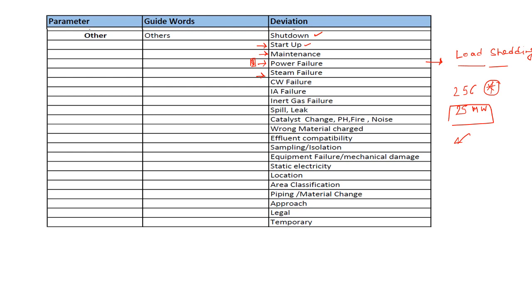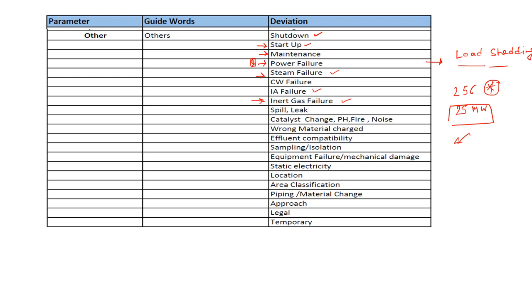Similar is the situation for the steam failure. So CW failure is a cooling water failure, IA failure is an instrument air failure. Then there can be inert gas failure, which can be a case like if your tank is with nitrogen blanketing, right? So nitrogen is an inert gas.